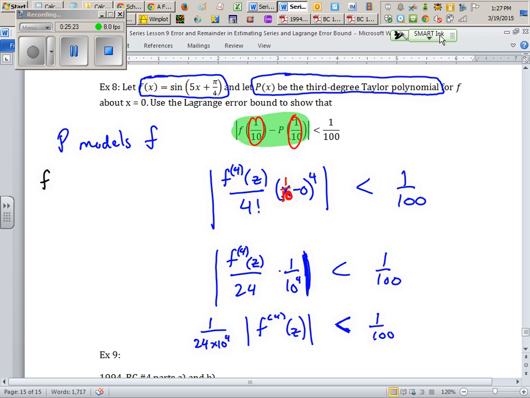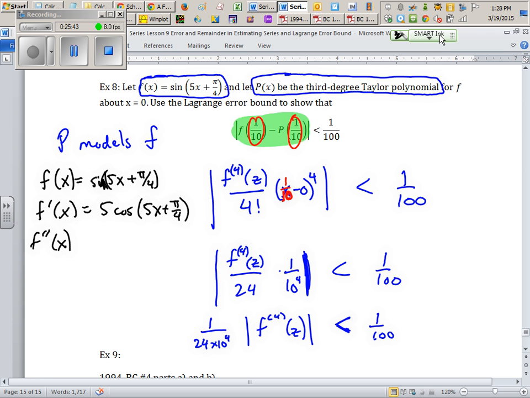We know that the function is sine 5x plus pi over 4, right? F prime would be 5 cosine 5x plus pi over 4. I just took the derivative of the inside too, right? F double prime would be negative 25 sine 5x plus pi over 4.